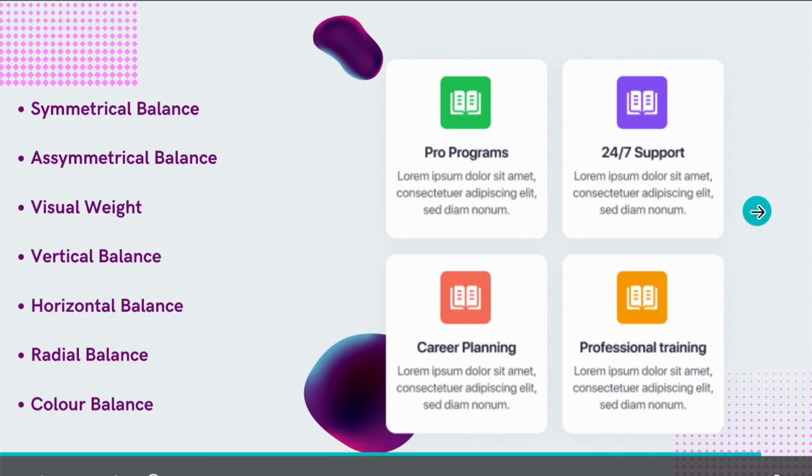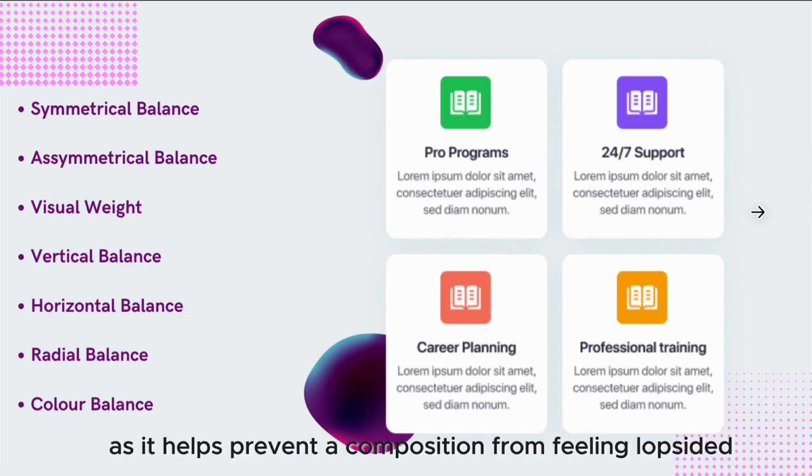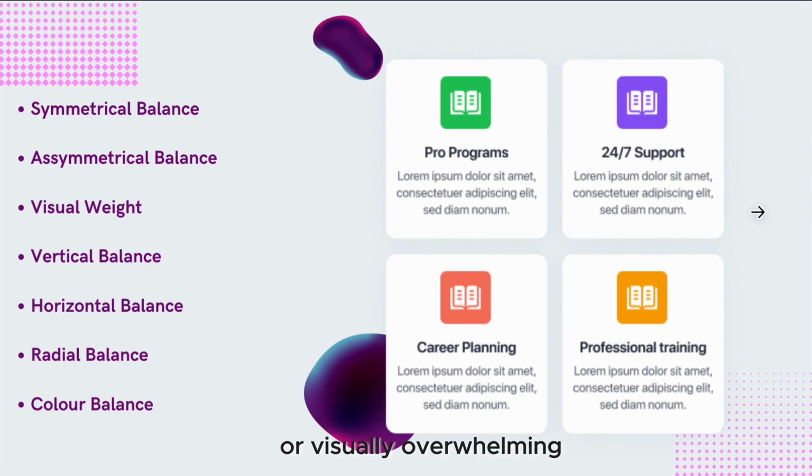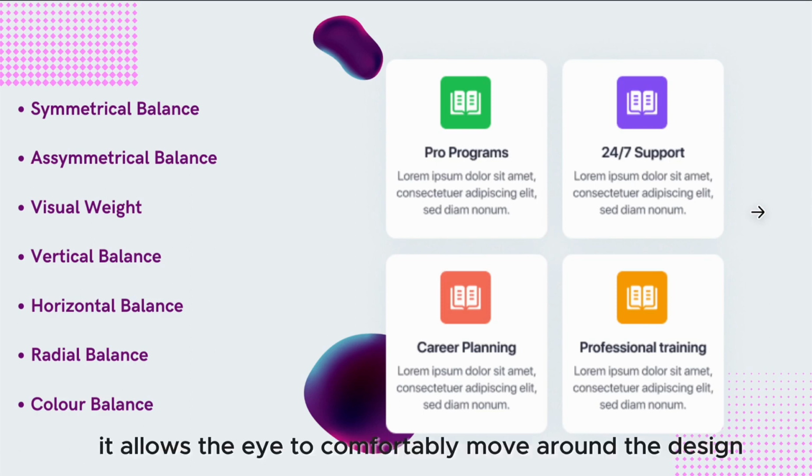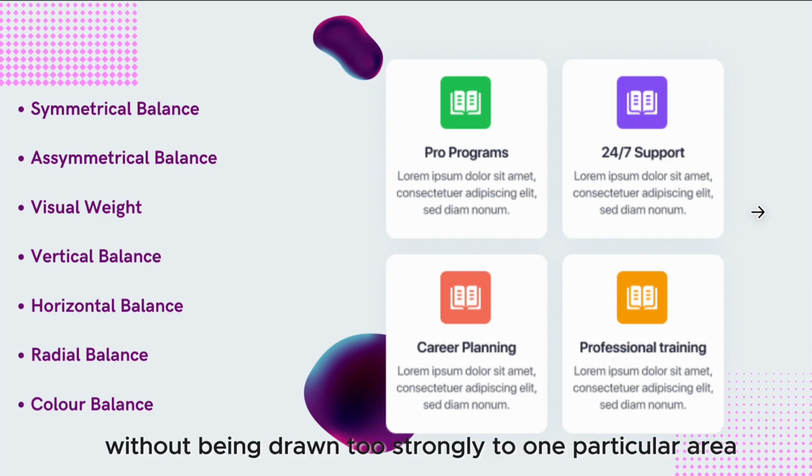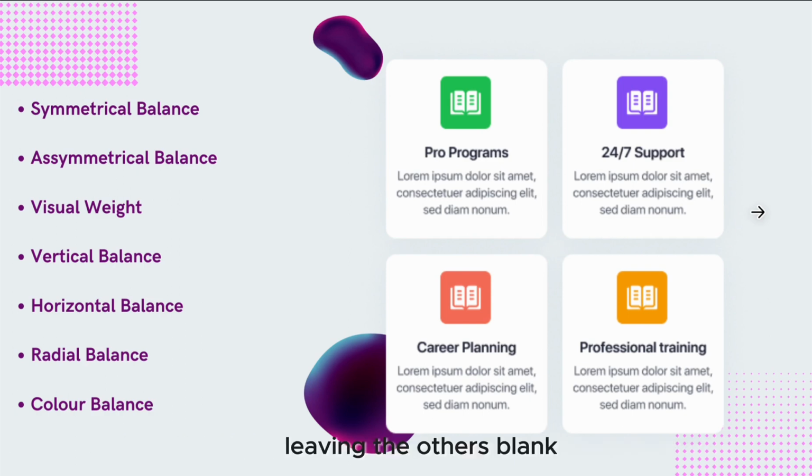Achieving balance in design is crucial as it helps prevent a composition from feeling lopsided or visually overwhelming. It allows the eye to comfortably move around the design without being drawn too strongly to one particular area, leaving the others blank.